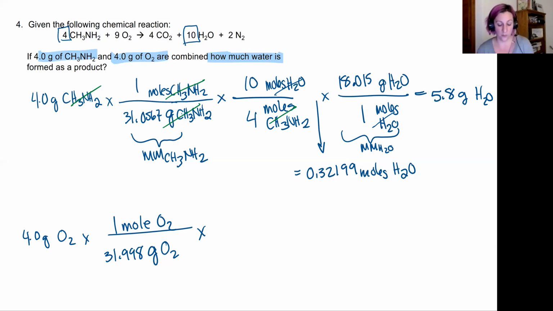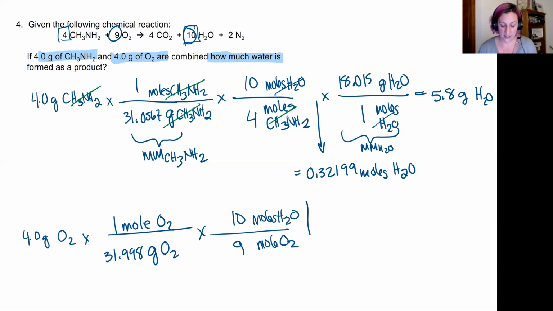All right, so then I convert from my oxygen into the amount of water molecules I have in terms of moles. So I'll want to have my units of moles of water is what I end up with, so it goes on the top. And I want to get rid of these units of moles oxygen I'm currently in. So that'll go in the bottom. And now I'm looking at that coefficient in front of the water and the coefficient in front of the oxygen. So it's 10 moles of water are produced from 9 moles of oxygen.